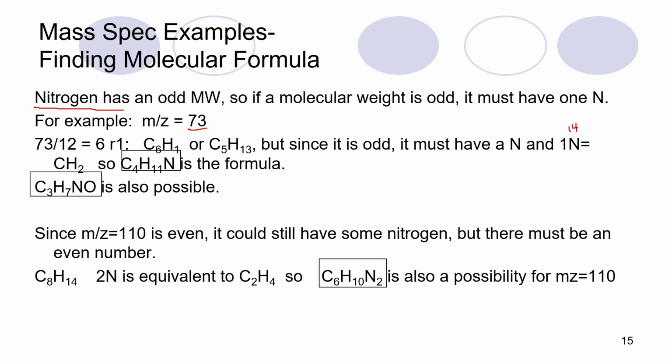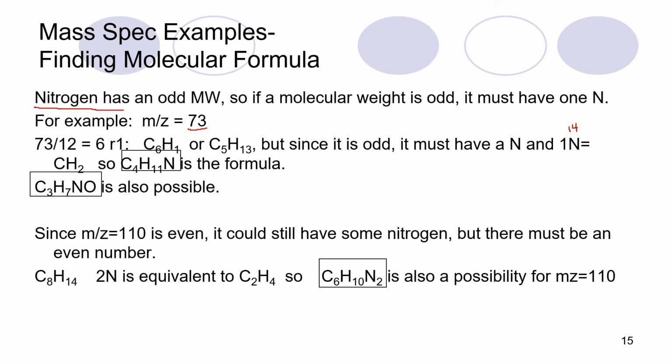It's also possible that it has an oxygen in it, so it could be C3H7NO. There's not a whole lot of other possibilities. You could keep going down to C2H3NO2, and that's a possibility, but there's only a few, as you can see. We're not doing huge molecules, so that's good.